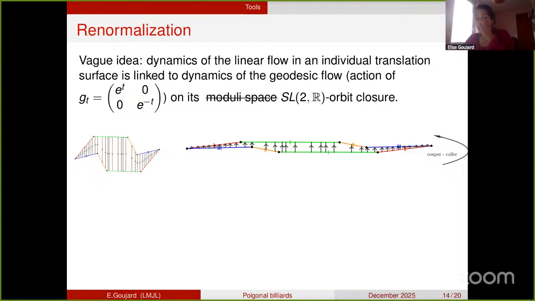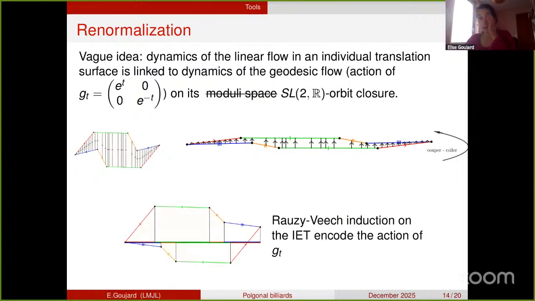So in practice, this relation is encoded by some discrete dynamical system. When you look at the vertical flow in some translation surface, you can encode it in an interval exchange transformation, looking at the first return map. So you take any horizontal, I mean, not really any, but there is some construction of horizontal segments where the first return map of the translation flow gives you an interval exchange.